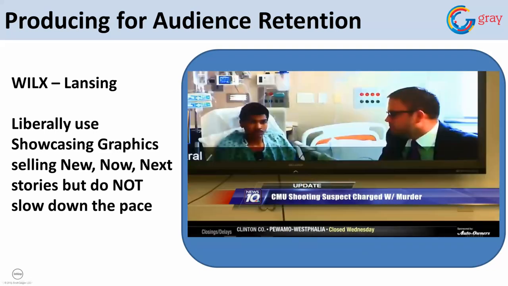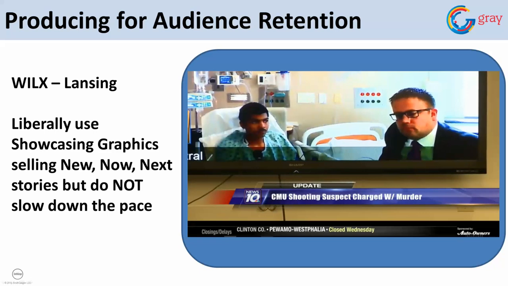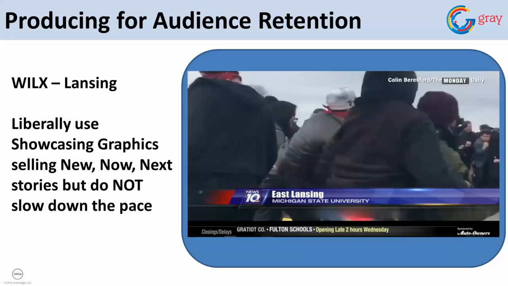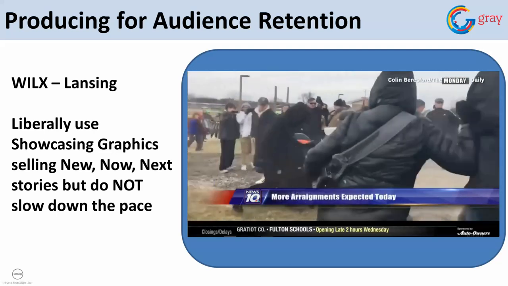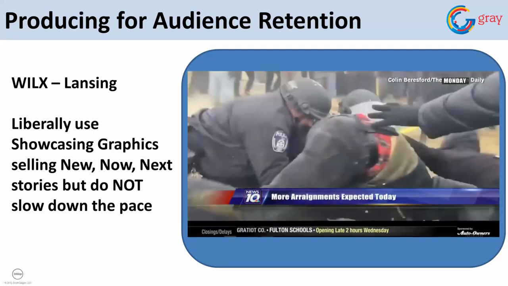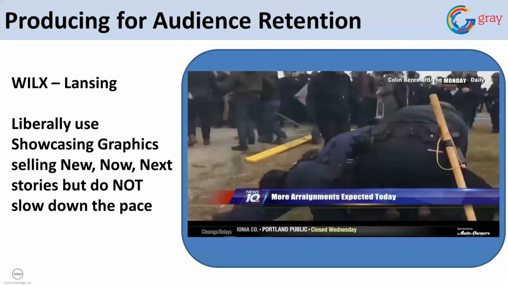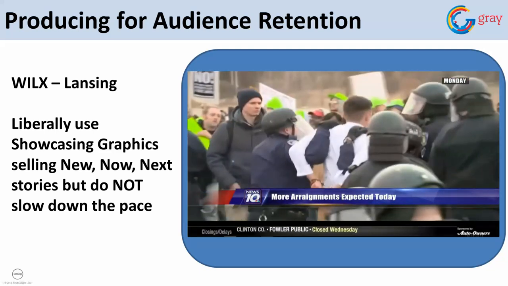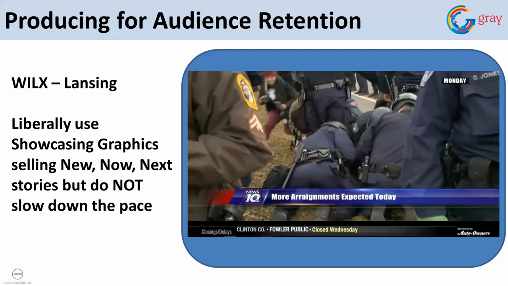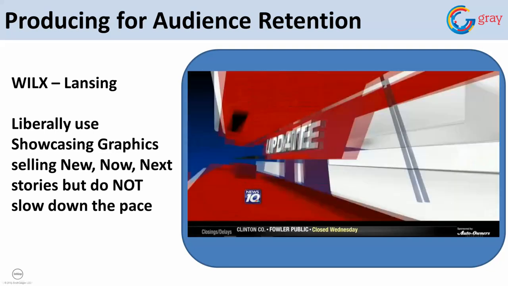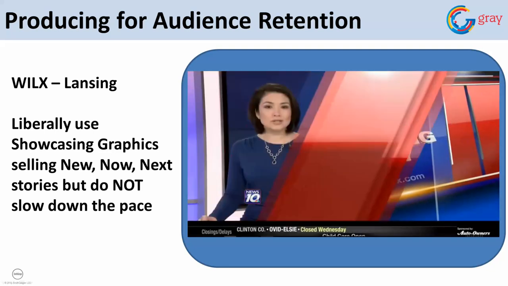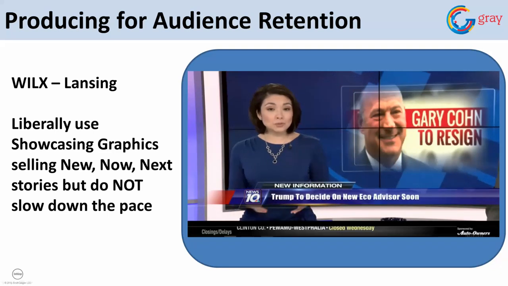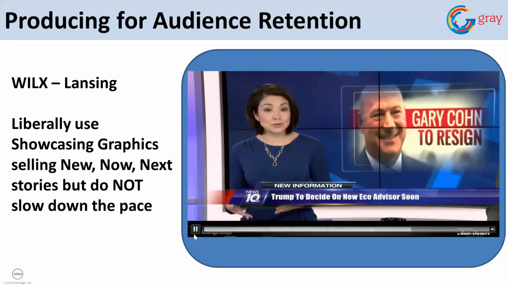His bond is set at $1.25 million. Several people arrested during white nationalist Richard Spencer's visit to MSU Monday are expected to be formally charged today. 3 protesters from the event were arraigned yesterday. A total of 25 people were arrested during the event on Monday. The charges range from carrying a concealed weapon to resisting and obstructing officers. New this morning, President Donald Trump says he'll be making a decision soon on who will become his new chief economic advisor. This as his current White House National Economic Council Director, Gary Cohn.